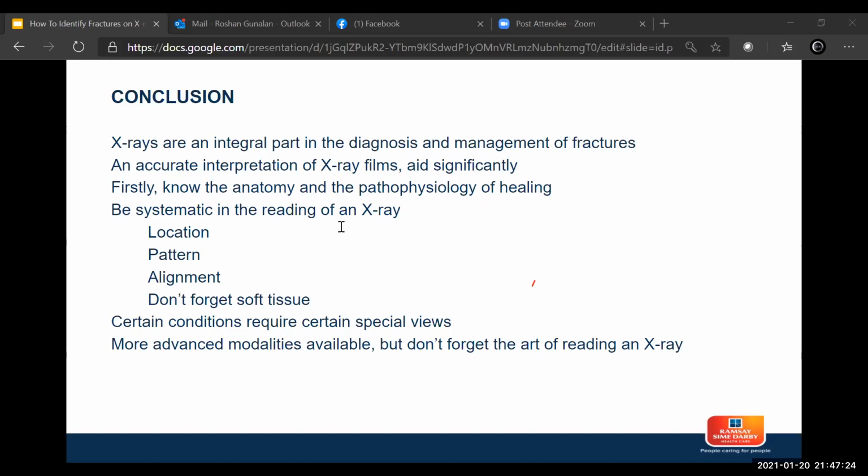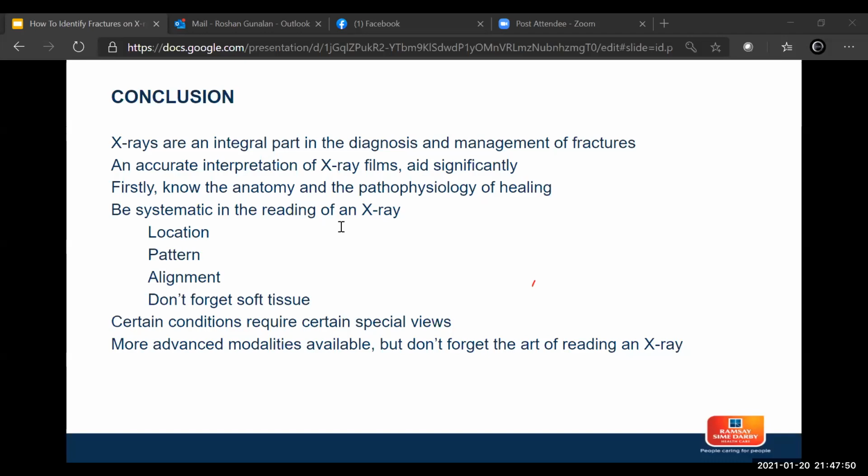Why does non-union happen? Yeah, so non-union can happen for two reasons. One is, okay, when you treat a fracture, you need to immobilize it generally. You bring the two fracture ends together and you hold it in place. Okay, if the holding is inadequate, there's too much mobility in that place, you can get a non-union. That means the two fragments are together, but it's not held steady.